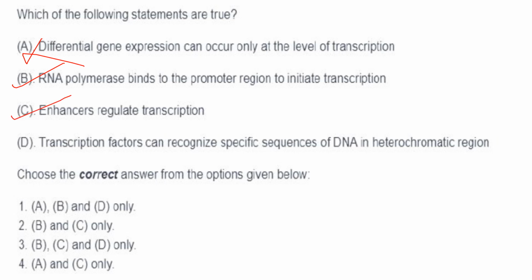Transcription factors can recognize specific DNA sequence on DNA, euchromatic region, not on the heterochromatic region. Heterochromatic region is a compact structure and transcription factors cannot access DNA sequence in heterochromatic region, whereas they can access DNA sequence in the euchromatic region. So that makes D also a wrong answer. So B and C is the answer. Answer is option 2.